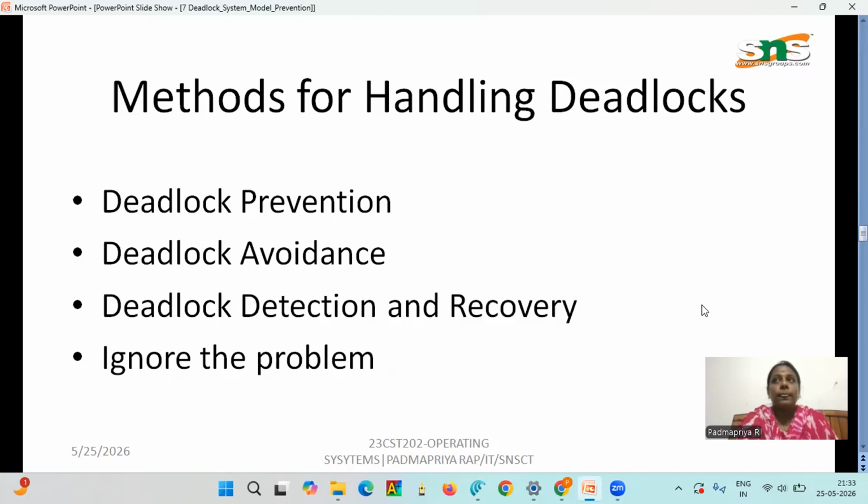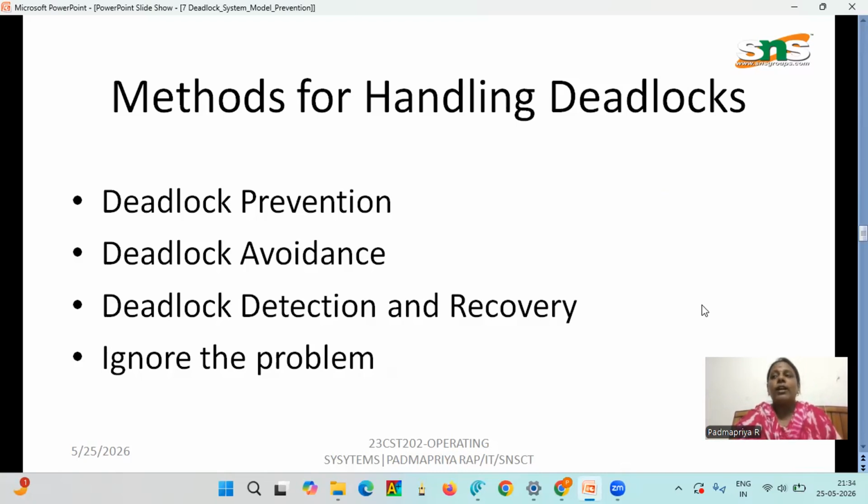Deadlock prevention means we have to define the problems which may occur while allocating the resources. In that case, we can prevent deadlock. Deadlock avoidance means finding the problem and, for that particular problem, giving a solution based on some algorithm.